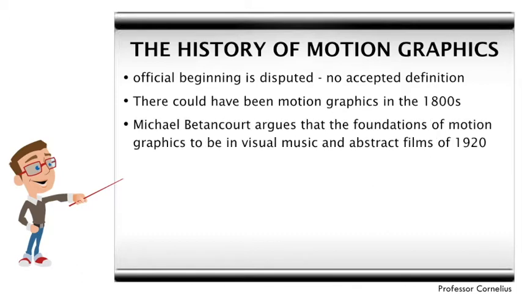Michael Betancourt wrote the first in-depth historical survey of the field. He argues for its foundations in visual music and the abstract historical films of the 1920s by Walter Ruttmann, Hans Richter, Viking Eggeling, and Oskar Fischinger.